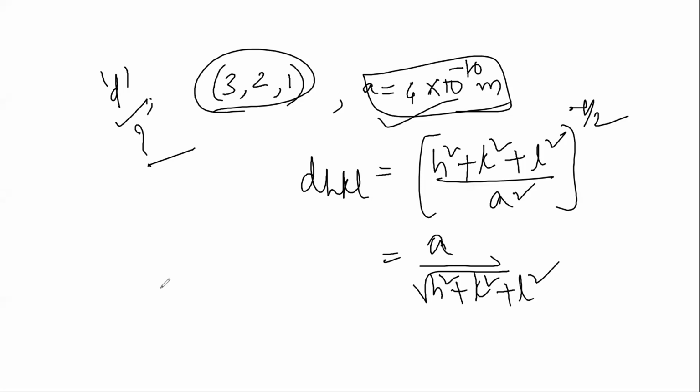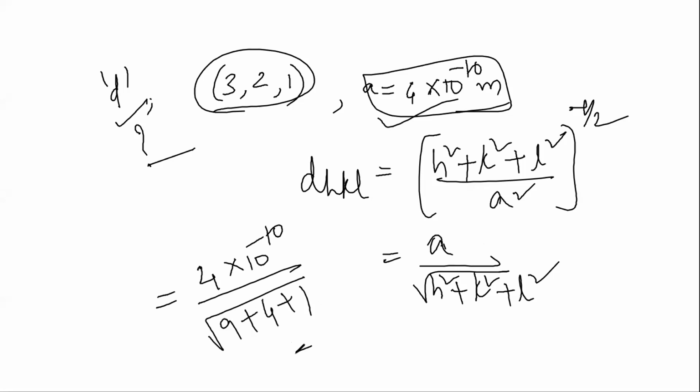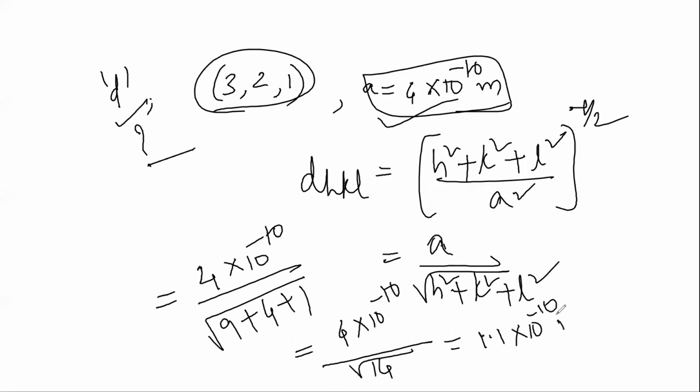Now what I'll get? 4 into 10 power minus 10 by root over H square plus K square plus L square, 9 plus 4 plus 1. That is 4 into 10 power minus 10 by root 14. Finally, I'll get D approximately equal to 1.1 into 10 power minus 10 meter.